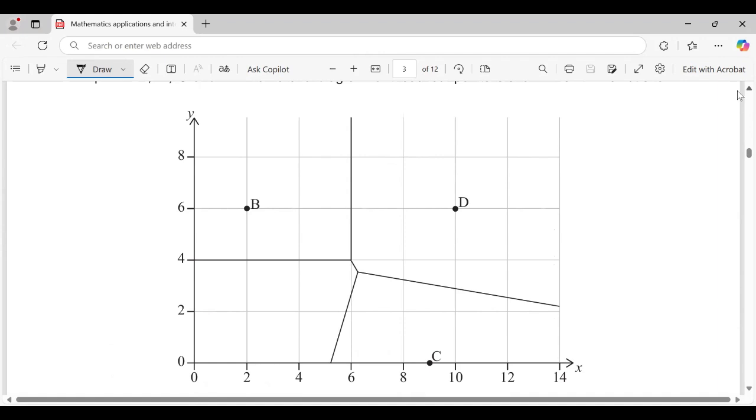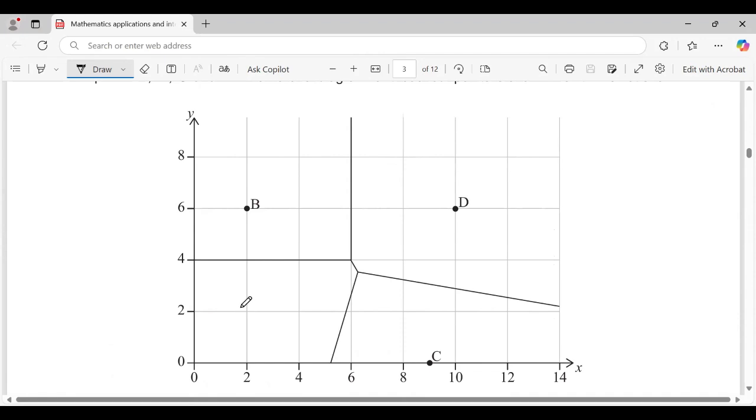Now look at this diagram. Since y = 4 is a horizontal line, the segment AB must be vertical. Why? Because the perpendicular bisector is perpendicular to AB.